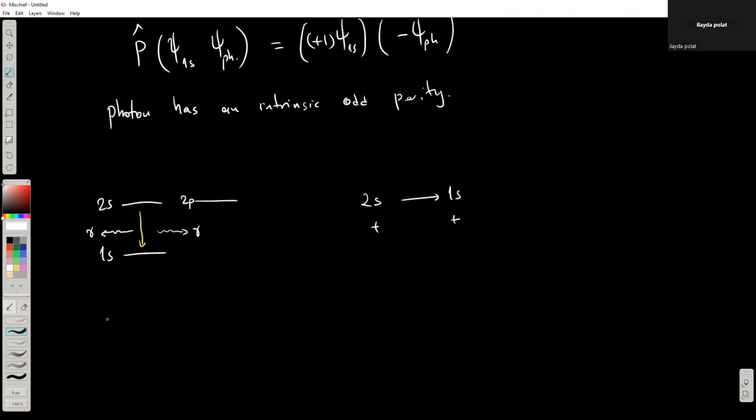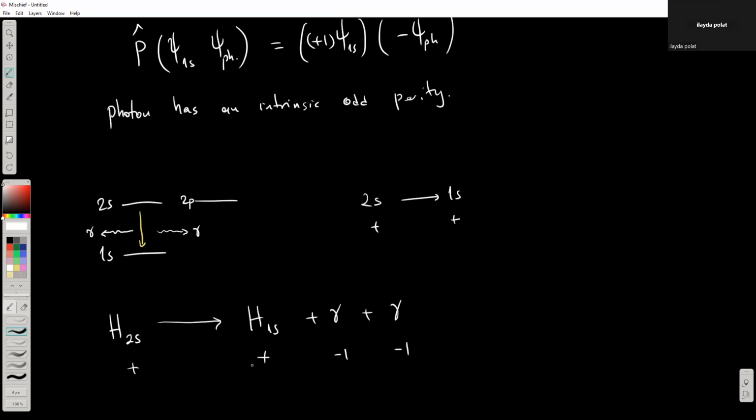Right? So let's just write this thing down like that. So from the 2s hydrogen atom, that's the initial state, it just emits two photons, and the hydrogen atom is converted into the 1s state. So parity is conserved because the initial parity is +1, and both photons have -1 parity.